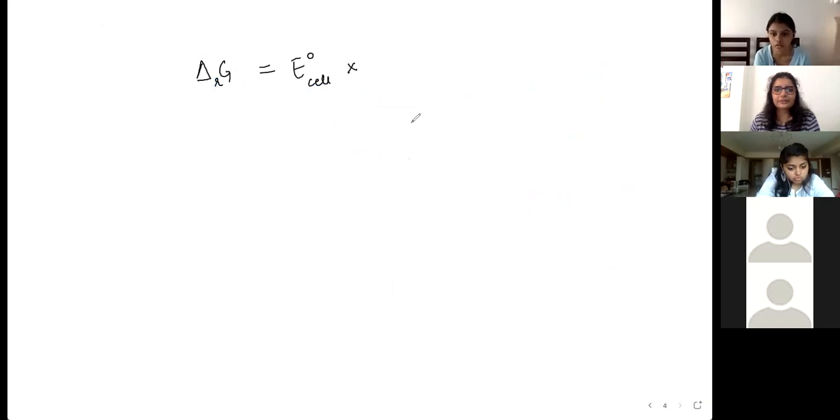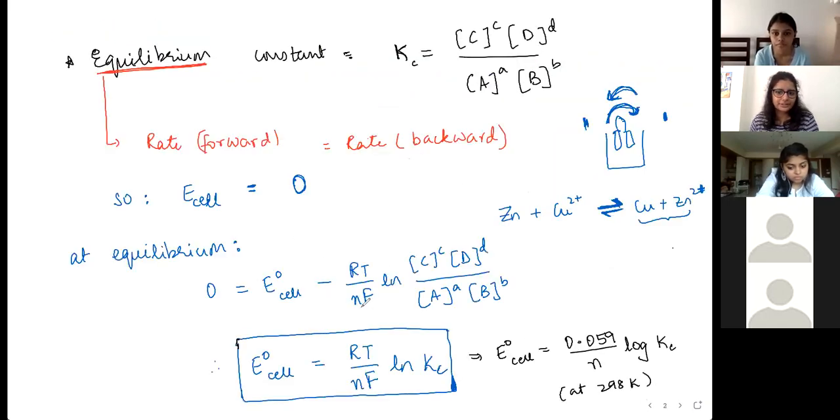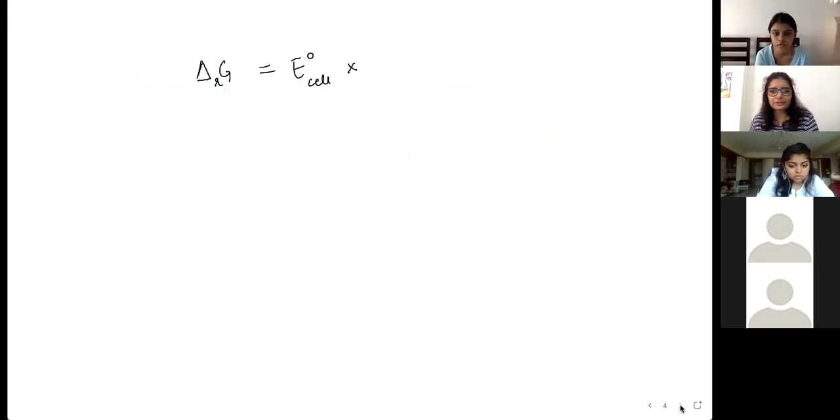So going by this convention, n will be the number of electrons and the conversion factor is Faraday's constant. So the total amount of charge will be nF. So this is the relation between Gibbs free energy and the cell potential. This is the equation: delta G is equal to, there'll be a negative sign associated with it because this is the decrease in Gibbs energy.